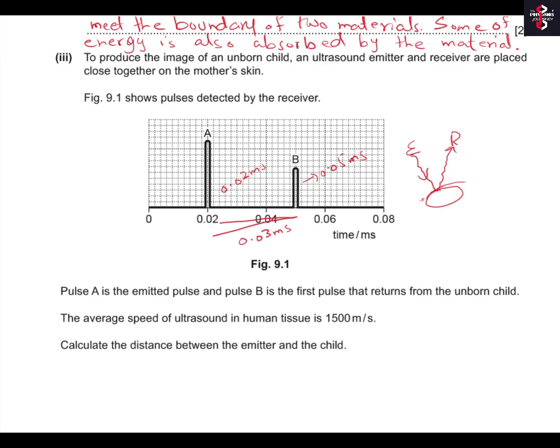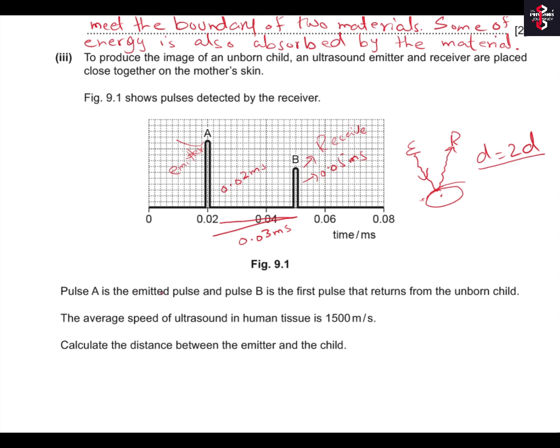So here you can see that the distance equals 2d. Why is it 2d? One is from the emitter to the baby, the other is from the baby to the receiver. So total distance equals 2d.